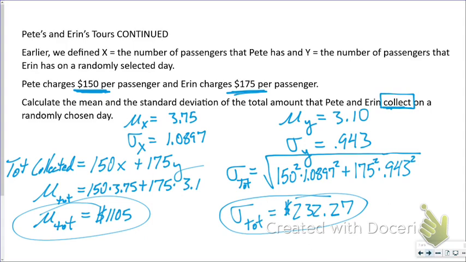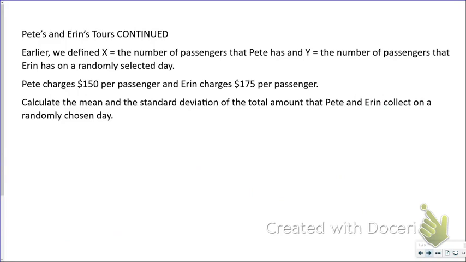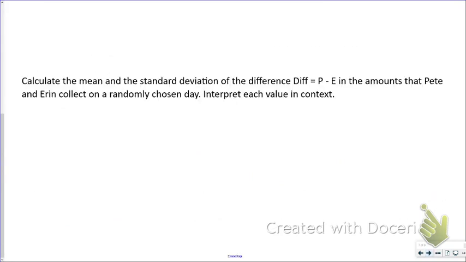It asks for the difference between the two. If you look down in your handout, you can skip quite a bit of steps if you showed all your work on this step. Down here, it asks for the difference, Pete minus Aaron collected. To get that mean, that function changes to this.